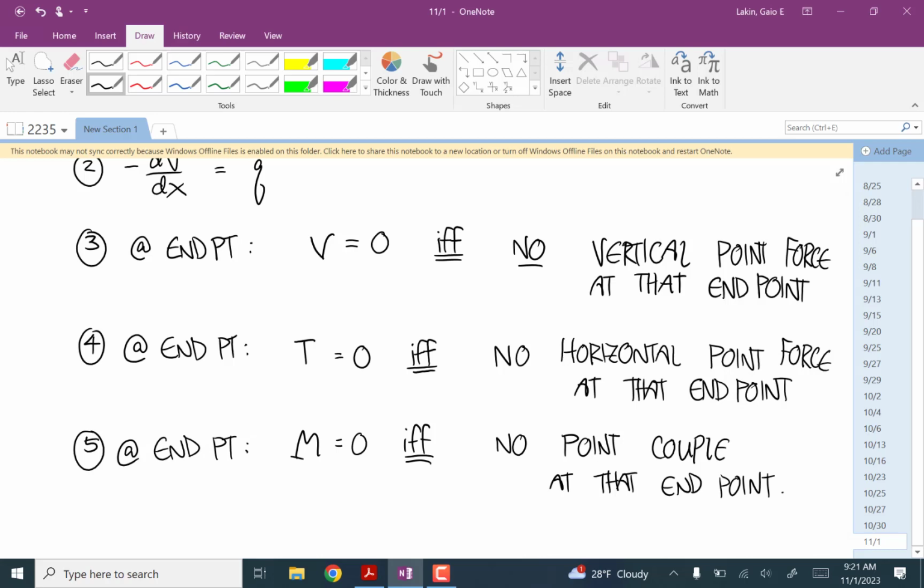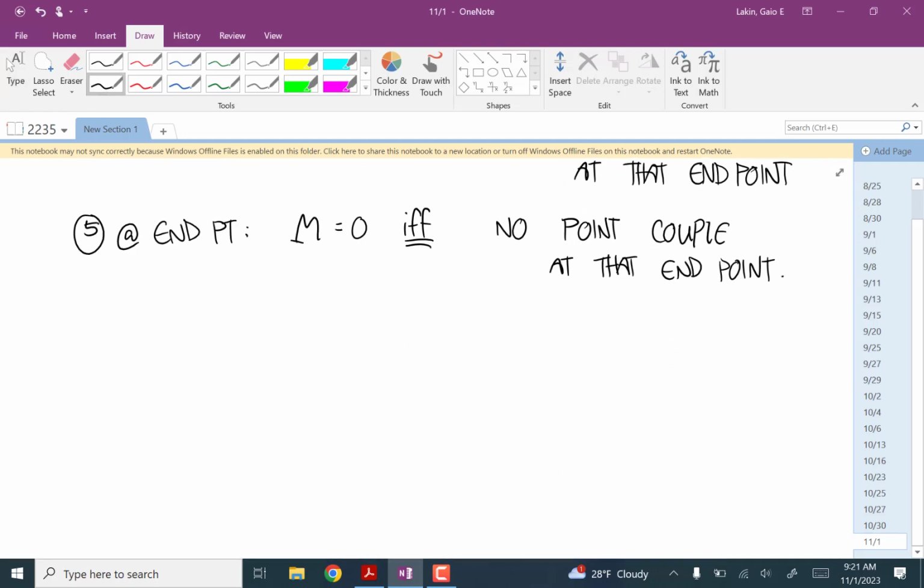Okay, so this is one where we know that at the left endpoint, let's think about the same problem again. In this problem, there's no shear force. Shear force is 0, tension is 0, and bending moment is 0 at the left endpoint, right?